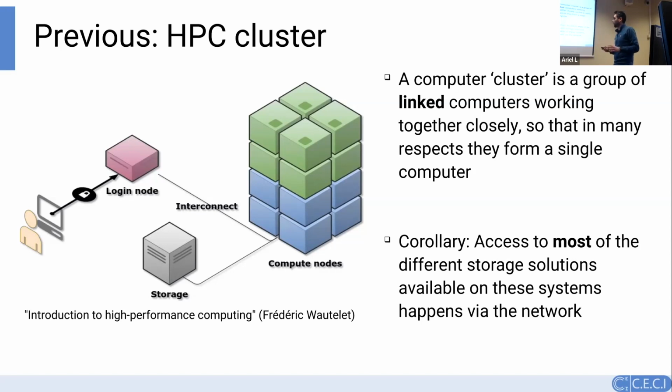So it's important that you get familiar with how an HPC cluster is built, and keep in mind that when you're logging in and you are by default on your home, this login node, which is a machine with a CPU, RAM, motherboard, might have some local disk. It does have for the OS, but your home directory is already on another set of machines, and it's being accessed via the network.